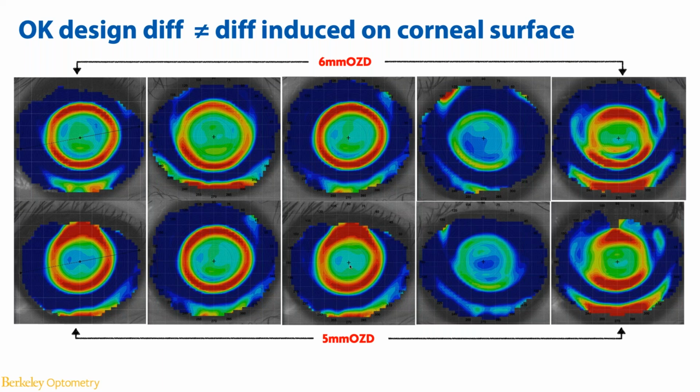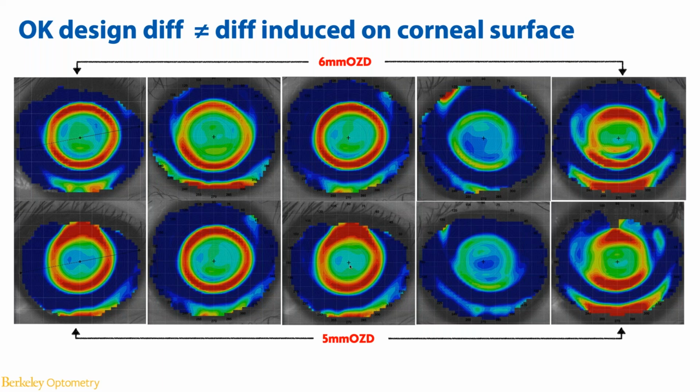I found that by switching them into a 5 mm lens without washout, they actually created better flattening in the very center of the cornea. So this has been my number one indication of using the 5 mm OZ for troubleshooting, which is minimizing the chance of having that hydraulic pressure not transferred as effectively into the center of the cornea in the larger OZ.